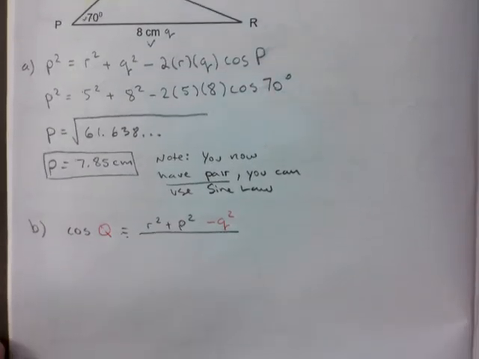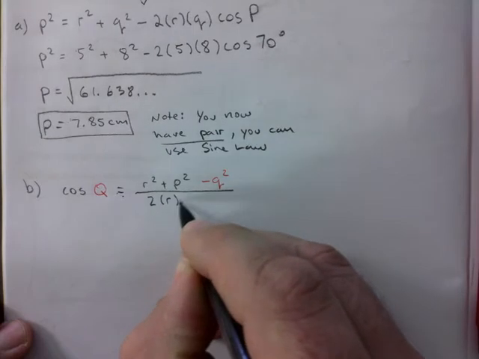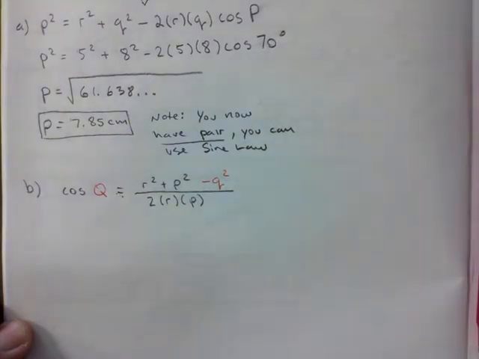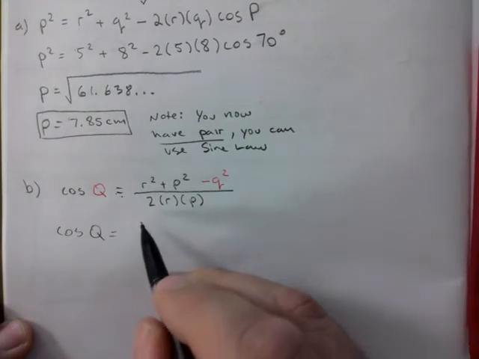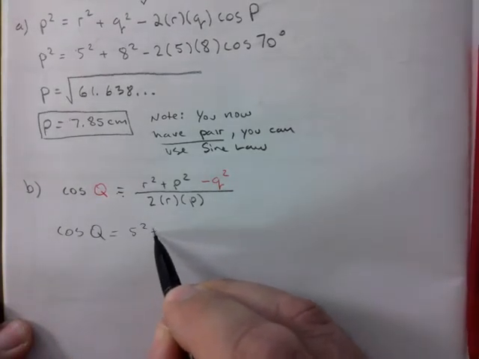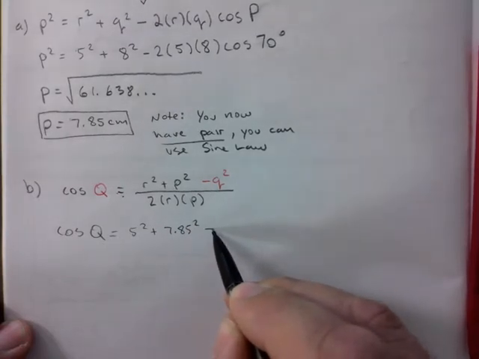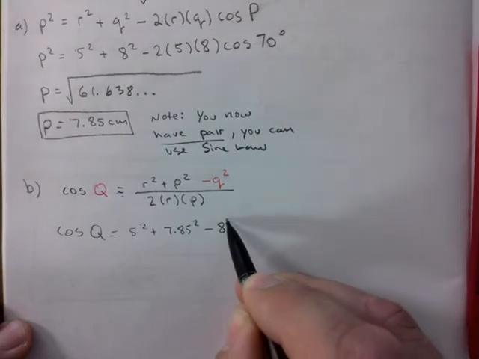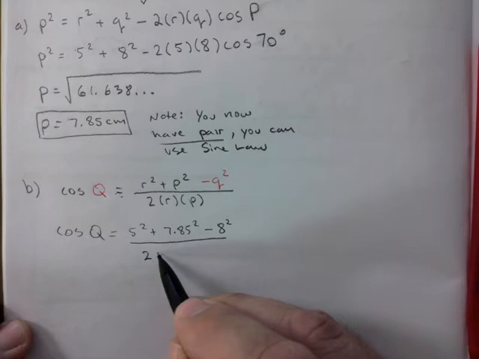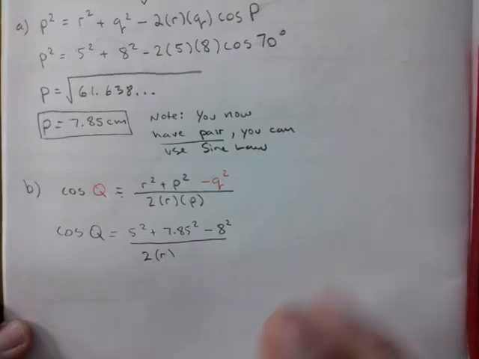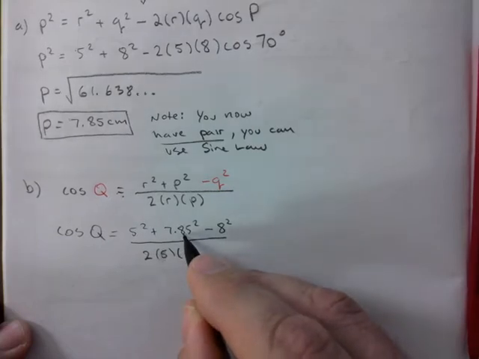And then it's 2 times R times P in the denominator. So here we go. Cosine of Q, R squared would be 5. P squared is 7.85 squared minus Q squared, which is 8 squared, minus, right? Divided by 2 times R, sorry, that's 5, not 2, times 5 times 7.85.